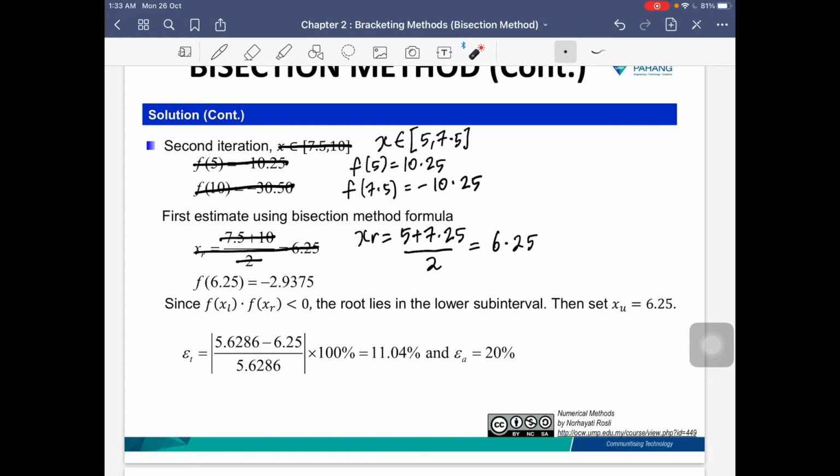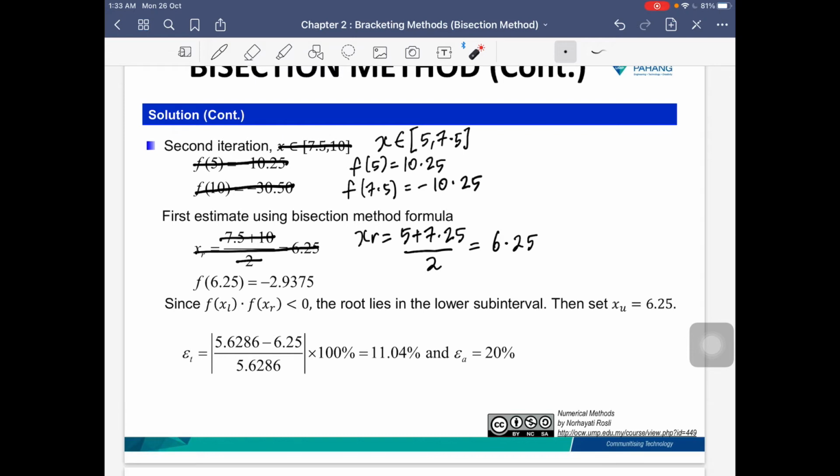So x_r equal to 5 plus 7.5, x lower plus x upper, divided by 2. Now your root becomes 6.25. Then we calculate f(x_r) by plugging x_r into the function, and you will get negative 2.9375.